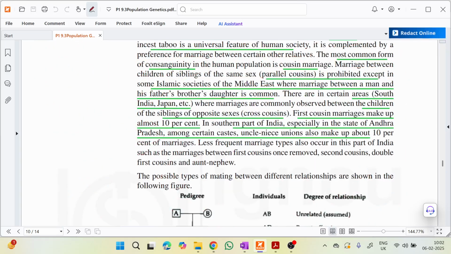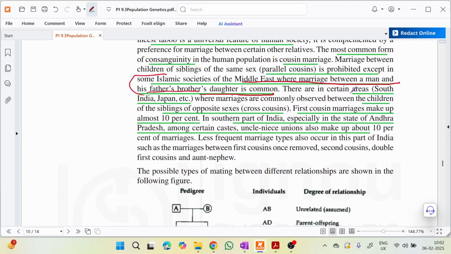As you can see, in many Middle Eastern societies, a man marrying his father's brother's, meaning uncle's, daughter is a case of parallel cousin marriage. There are also certain areas, South India and Japan, where marriage is observed between children of opposite sex siblings: cross cousins.